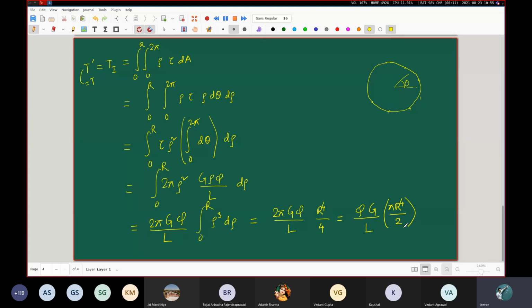This is simply a geometrical property of the cross section. This is given the letter J, just to write it in short, and it is referred to as the polar moment of inertia.